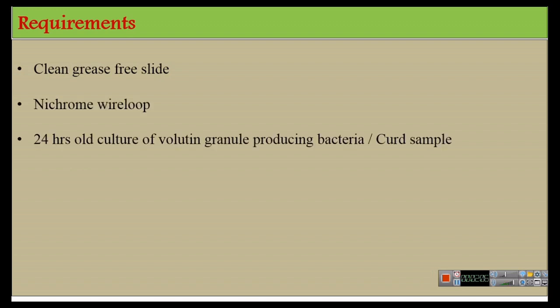Now, what are the requirements for the granule staining method? For this, you will require a glass slide, nichrome wire loop, and a suspension of 24 hours old culture of granule producing bacteria, or alternatively, you can use curd. You can use curd sample because it is a source of lactic acid bacteria which produce these granules.